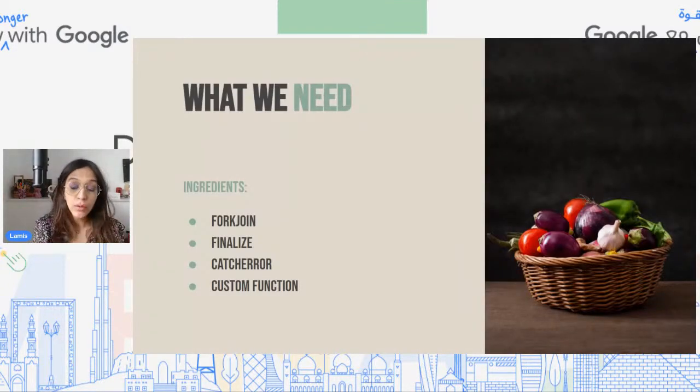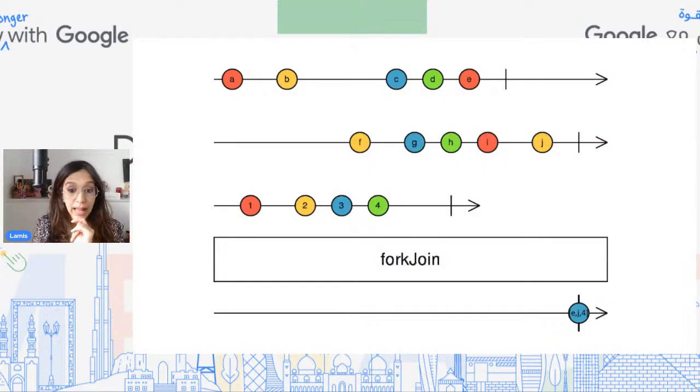So here, we will need some ingredients, and I have the fork join, the finalize, catch error, and custom functions. Those are the ingredients for you in order to achieve this. And let's start with the fork join operator.